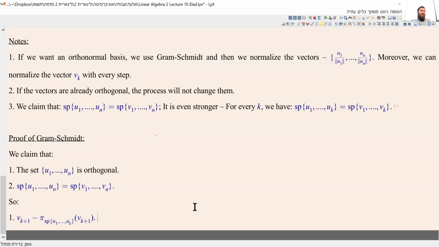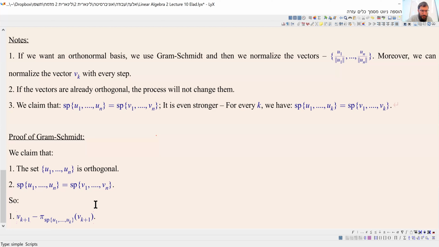First of all, u2 is orthogonal to u1. And then I want to prove that when we have a set of k orthogonal vectors and we add the k plus 1 vector, in this way, it is orthogonal to all of them. This is uk plus 1. Write down explicitly.